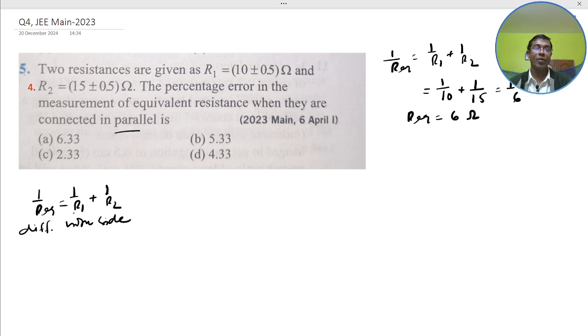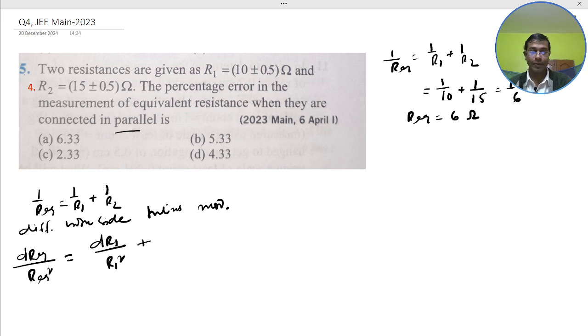Just do derivative of 1 by x, which is minus 1 by x square, and taking the mod value you get dR equivalent by R equivalent square is equal to dR1 by R1 square plus dR2 by R2 square. Basically 1 by x derivative is minus 1 by x square, and we just take the positive value here, so the minus should be cancelled out.